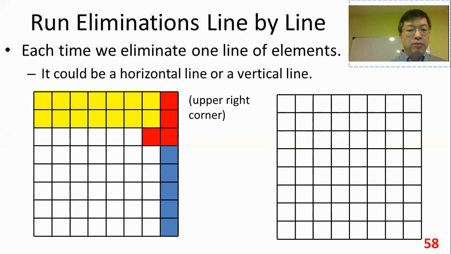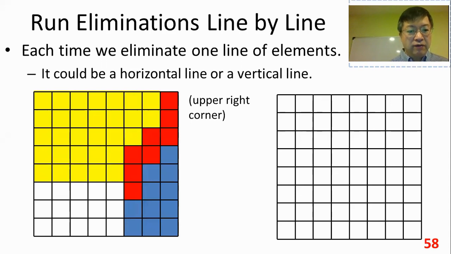So next, the upper right corner selected, a comparison, random selection, horizontal line eliminated. So then the current upper right corner, red box selected, another comparison, and this time a vertical line selected. Next, comparison, horizontal line eliminated. Next, another horizontal line eliminated.